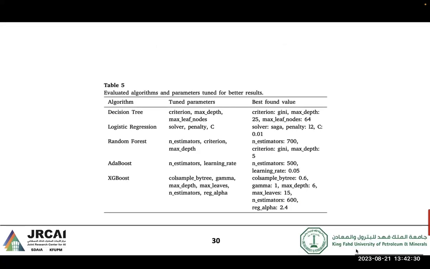So now in their analysis, they have used around 5 or 6 models, as you can see. Some of them are basic, like the decision tree and the logistic regression. Some of them are advanced, like the random forest.